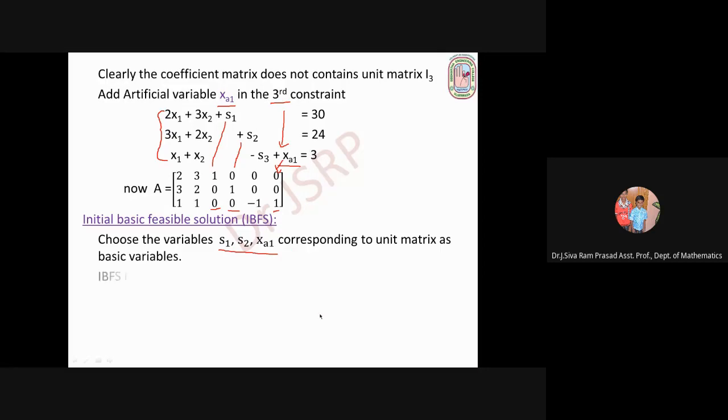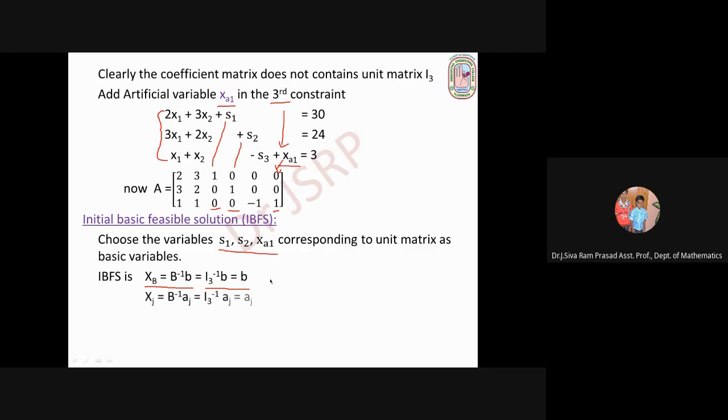Then the initial basic feasible solution is, as usual in the previous problem, capital XB equal to capital B inverse small b. Here capital B is the unit matrix I3, so I3 inverse is I3, and I3 into b is b as usual.